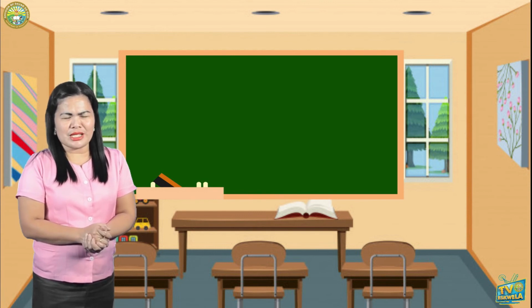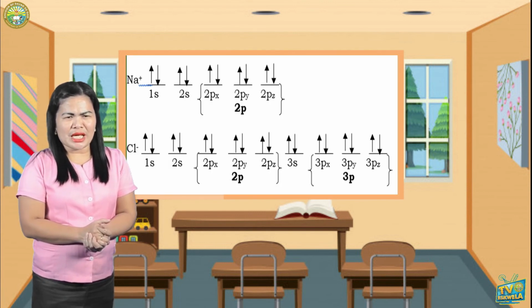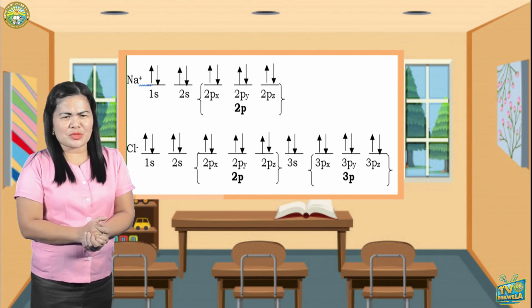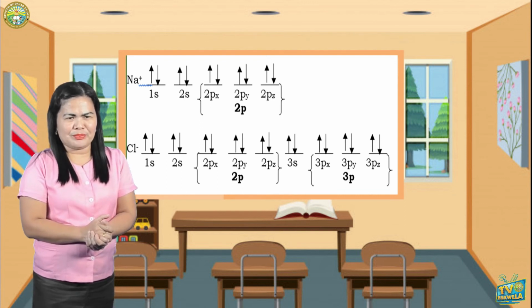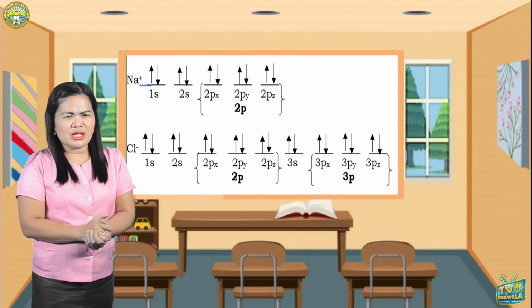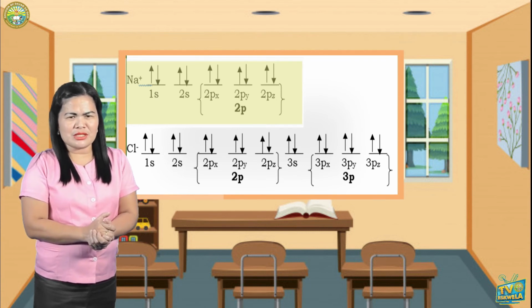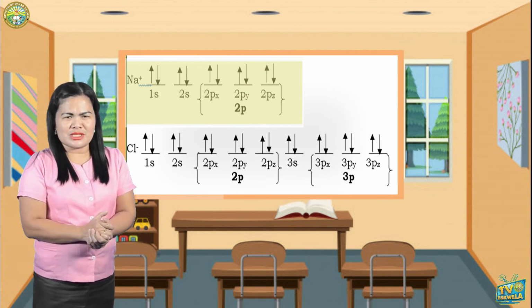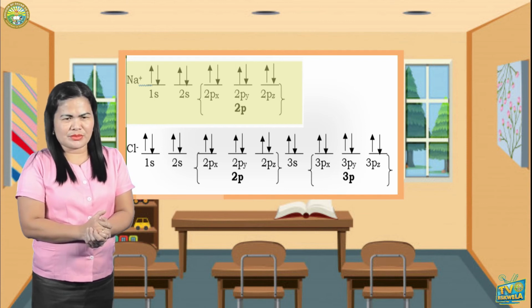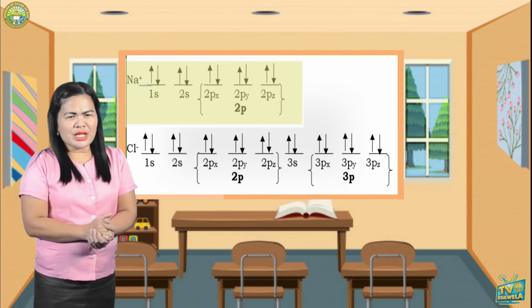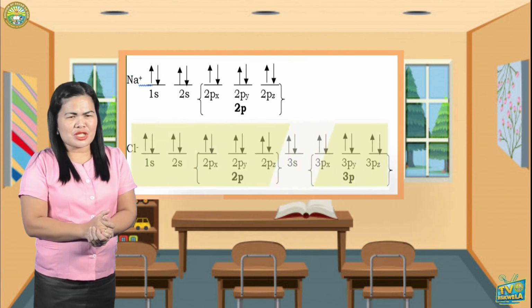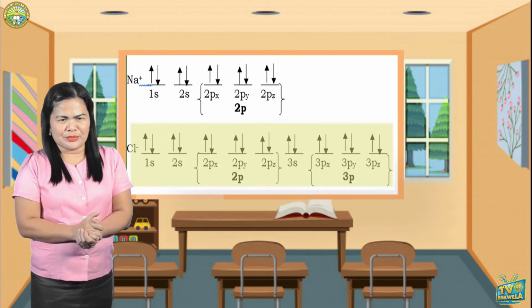After ionic bonding, sodium becomes a positively charged particle or cation. The orbital notation of sodium positive is 1s with 2 opposite spins, 2s with 2 opposite spins, 2p with 6 opposite spins. Chlorine becomes a negatively charged particle or anion.